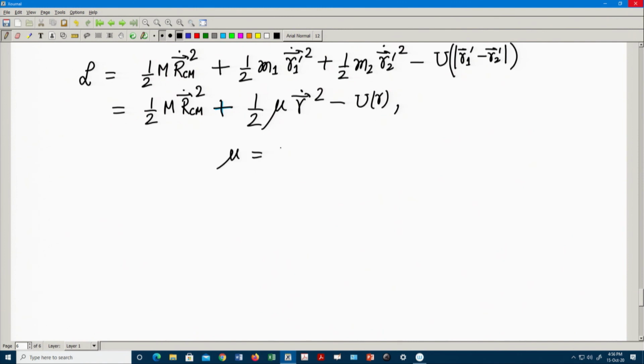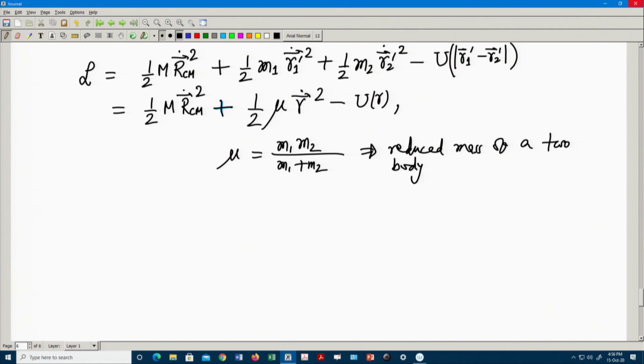I am defining mu as M 1 M 2 upon M 1 plus M 2. This is called reduced mass of a two body system.